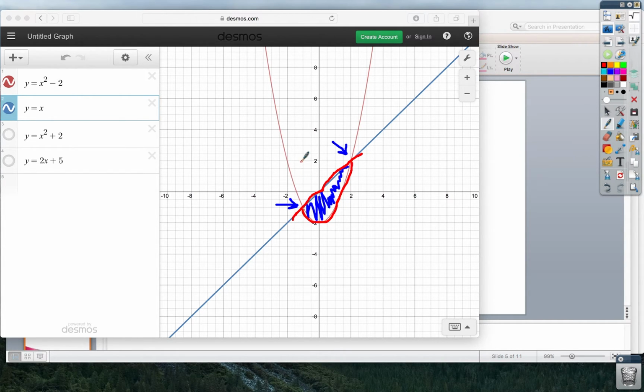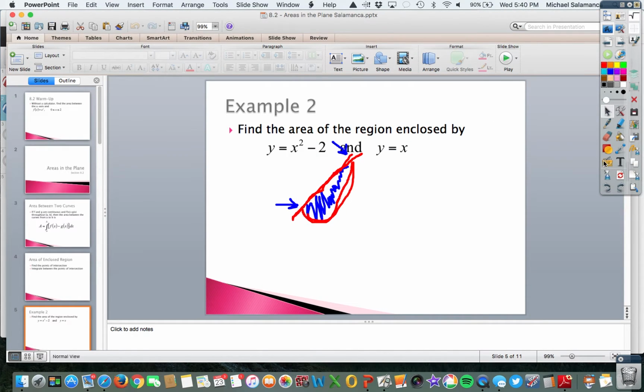So when we do this, we're going to set up with y equals x on top. So here's what that'll look like.